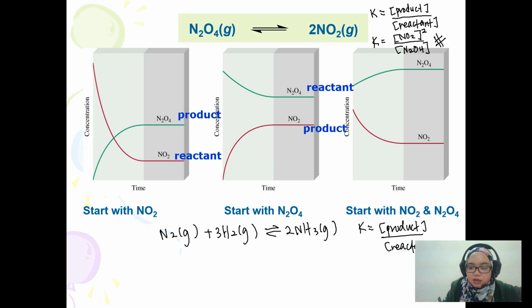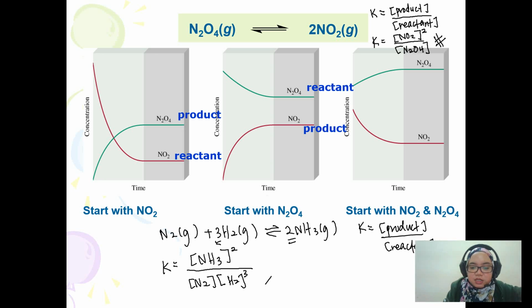Right. So, kat sini, product dia NH3, right? So, K is equal to NH3 to the power of, kat sini ada 2 kan? To the power of 2 divided by reactant concentration of N2. Ada coefficient ke depan? Tak ada. So, biarkan je. Times dengan H2 to the power of 3.